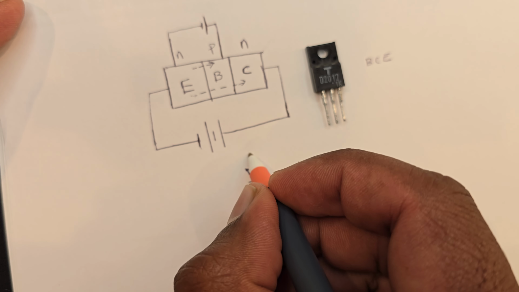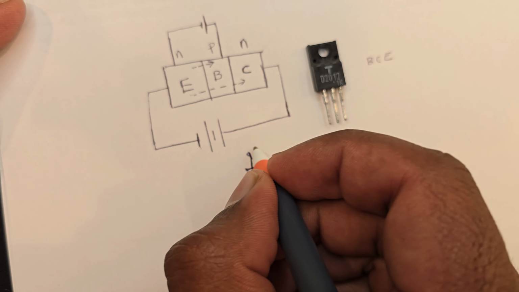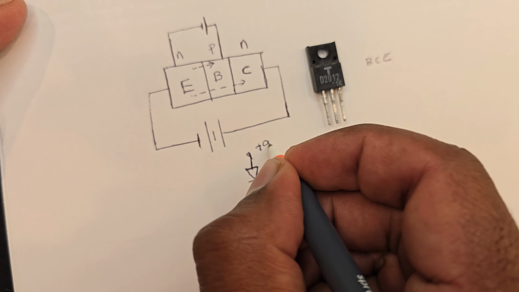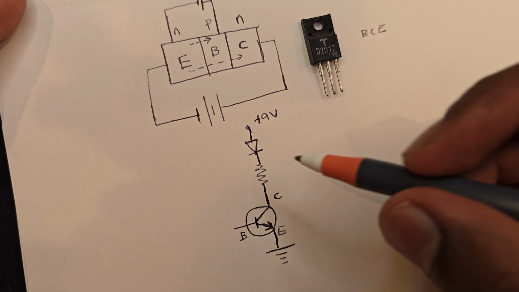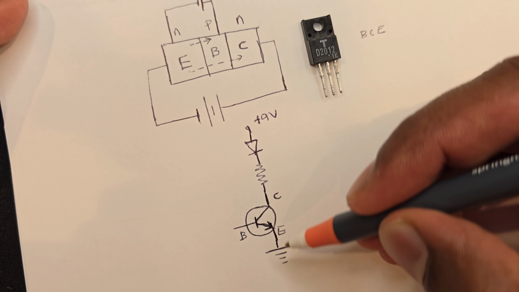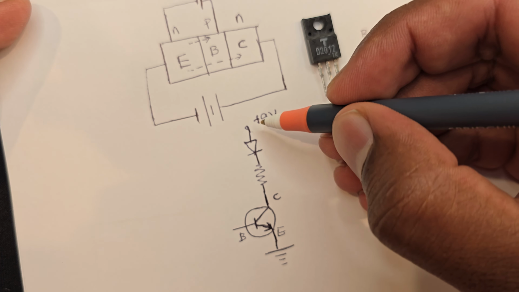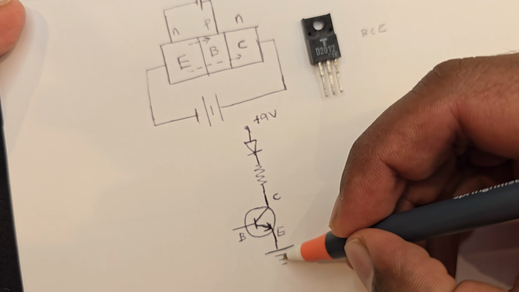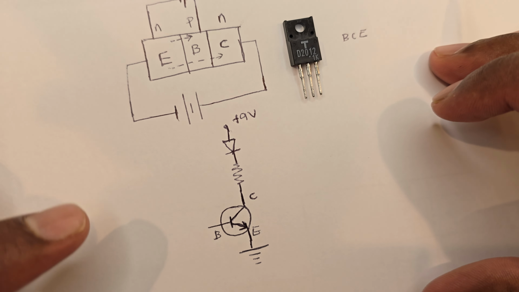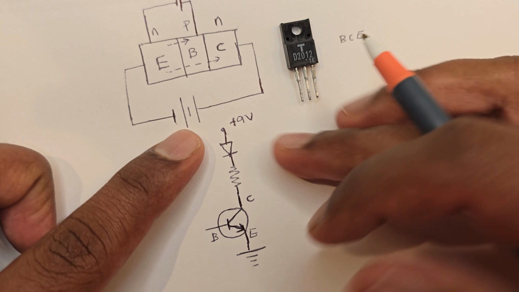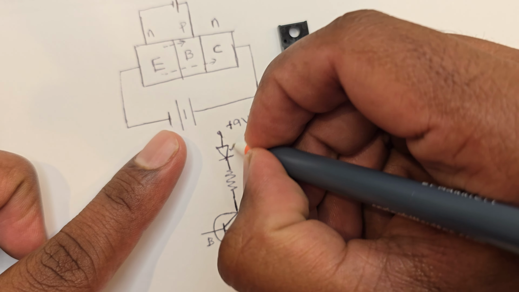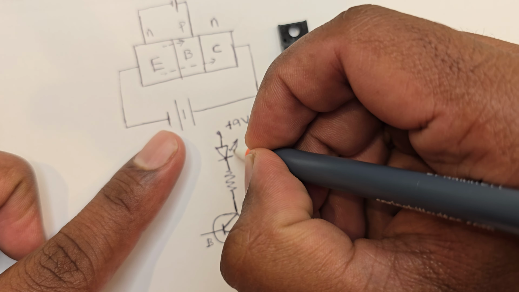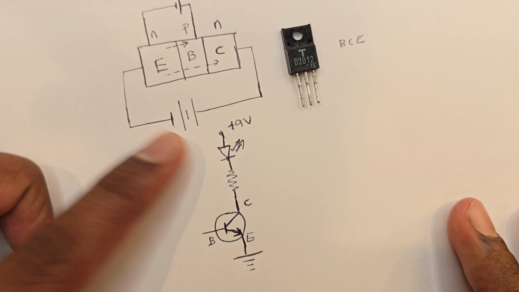And let's say we are connecting it to a 9-volt battery, plus 9 volt. Now there is no current flow through the transistor from the positive terminal to the negative terminal or the ground. So the LED won't turn on. It will be off.